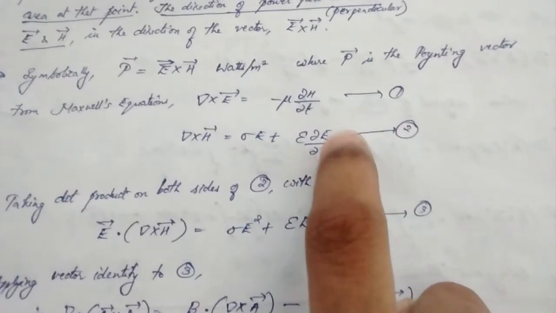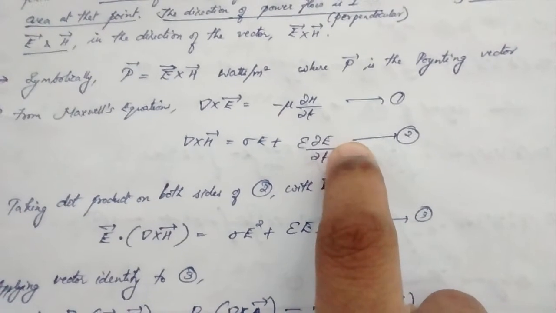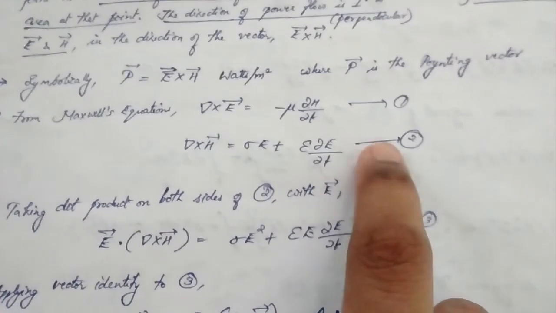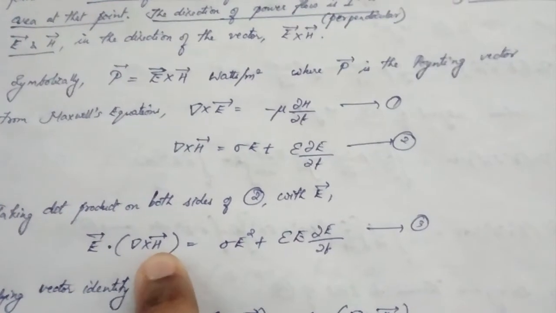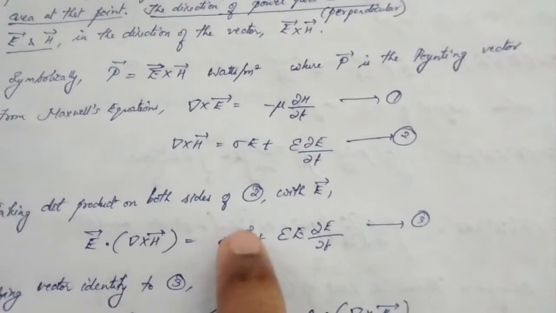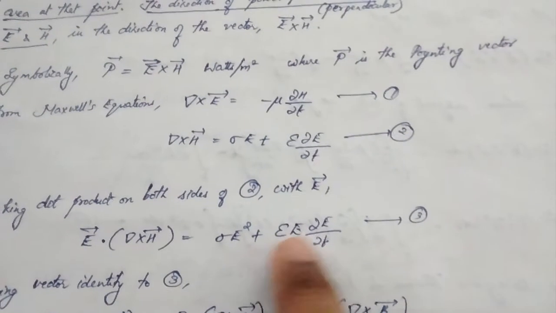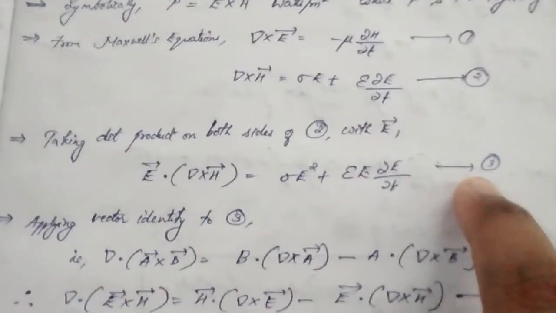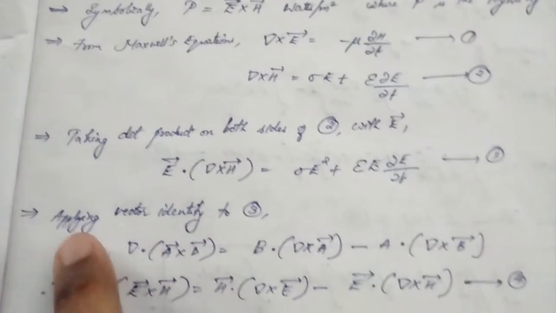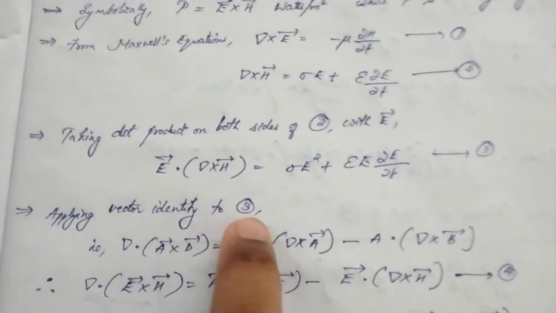Now take the dot product of equation 2 with electric field intensity E. That becomes E dot del cross H is equal to sigma E square plus epsilon E dou E by dou t. Mark it as equation number 3. Now apply the vector identity to this equation.